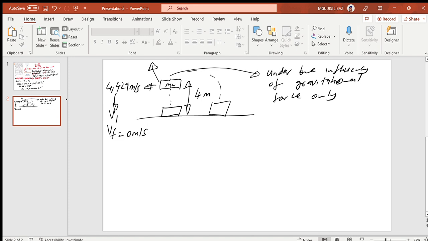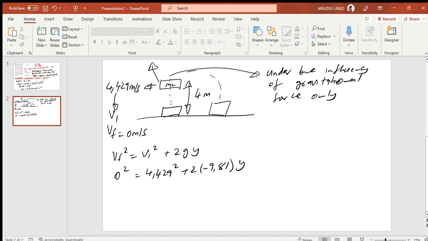So now we can use the formula v final squared is equal to v initial squared plus 2g multiplied by y. Our v final is going to be 0, which is equal to our initial velocity 4.429 squared upwards plus 2 times negative 9.81, because it's directed downwards, and then we multiply by y.